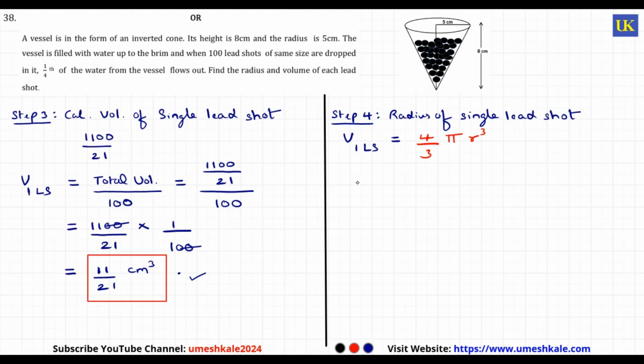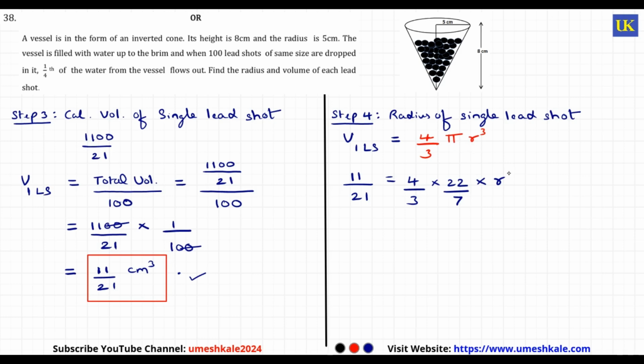So the volume is what? How much? Just now we got here. So the volume of one single lead shot is 11 by 21. And 4 by 3 is the formula part, into pi value is 22 by 7. And here we need to find the radius.